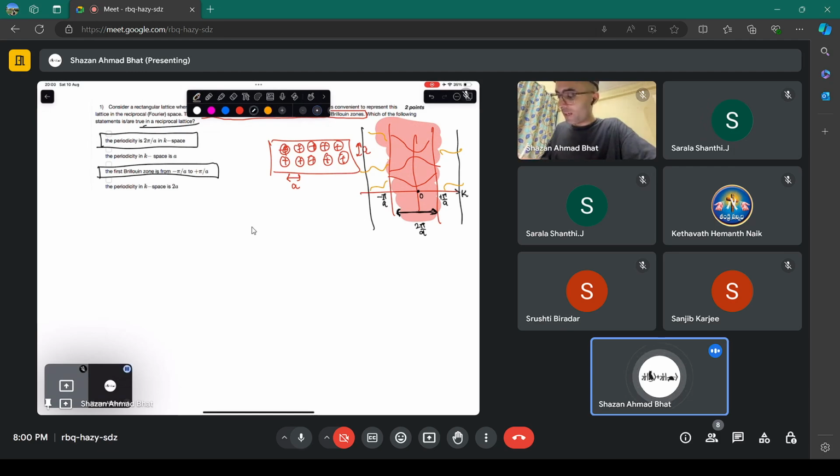It is going to repeat at this 2 pi by a, let's say from minus 2 pi by a to plus 2 pi by a. So the overall periodicity in K space will be 2 pi by a, and they will repeat in different directions in that periodicity. And the Brillouin zone will be drawn from minus pi by a to plus pi by a, just like we showed how we got to this particular result.